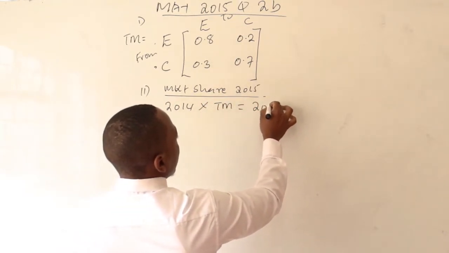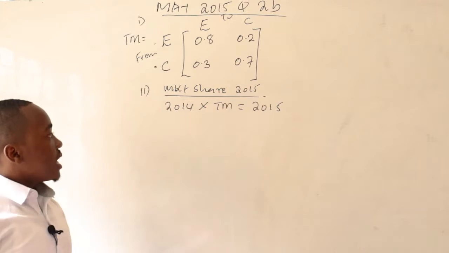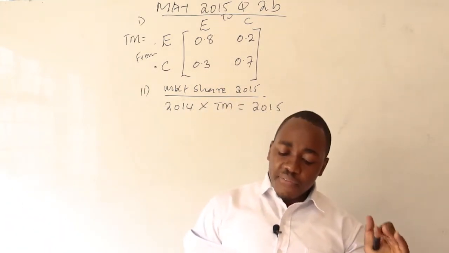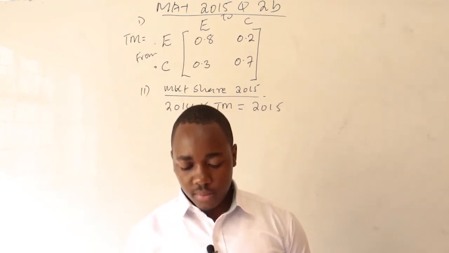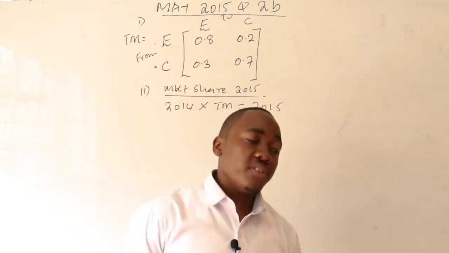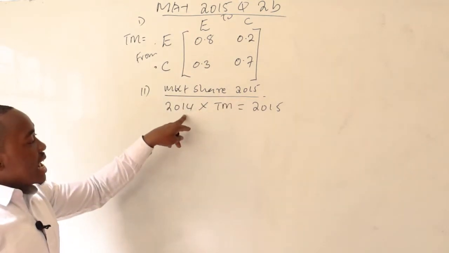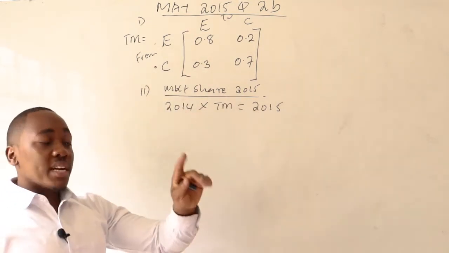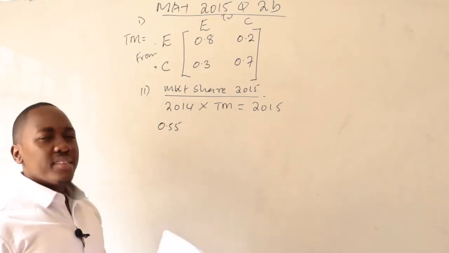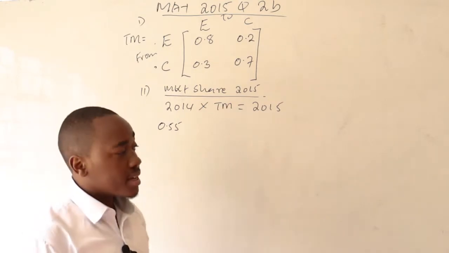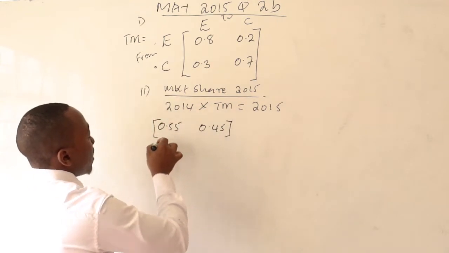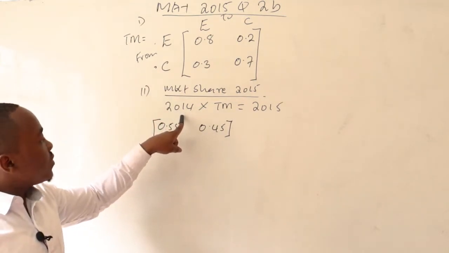We are told that as at 1st December 2014, Excellent Computer Limited had a market share of 55%. That means the competitor had a market share of 0.45. That's the market share for 2014.